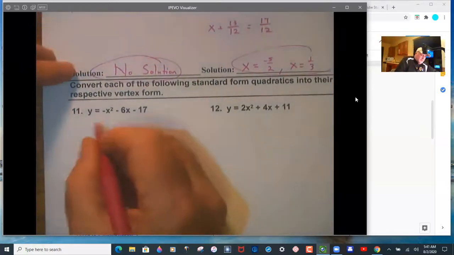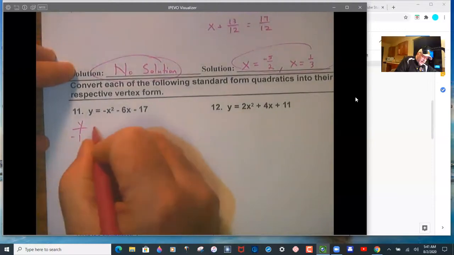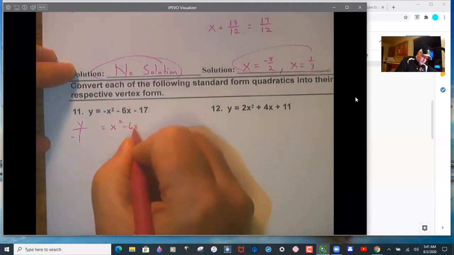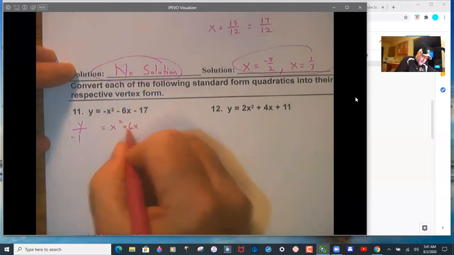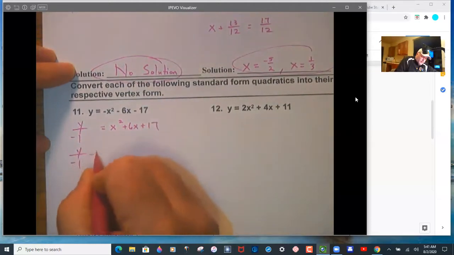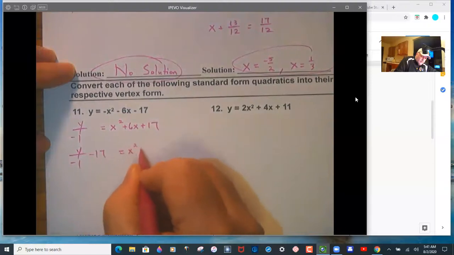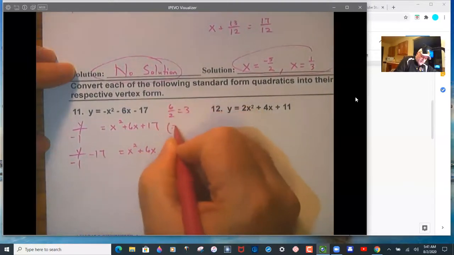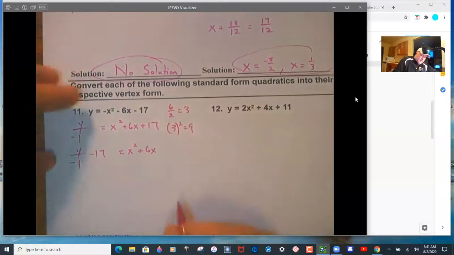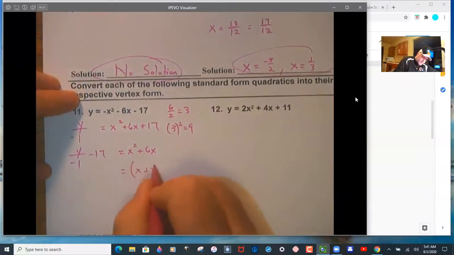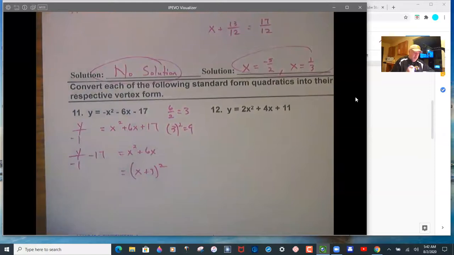Problem 11. So first thing we want to do is divide by -1. Plus 6x plus 17, and then subtract 17 over. So we want to divide the 6 by 2, that's 3, and then we want to square 3, that's 9. So on this side, we have x plus 3 squared. I always like doing that first, and I shouldn't.